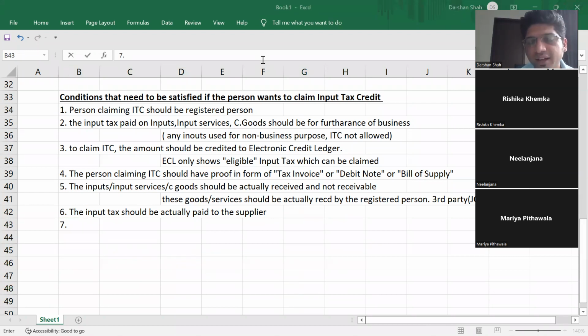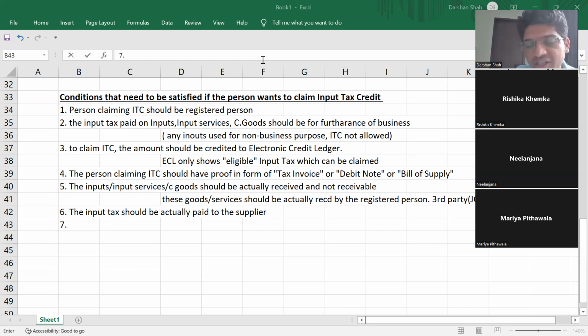What if the supplier is not registered? If you are not a registered supplier, can you collect GST? No. And there will be no concept of ITC then. So what if the person we are buying from is not registered under GST?